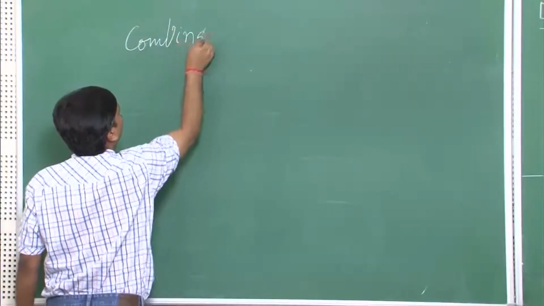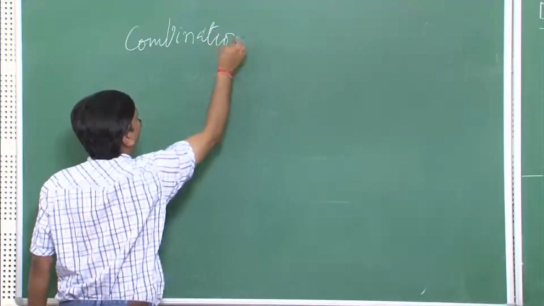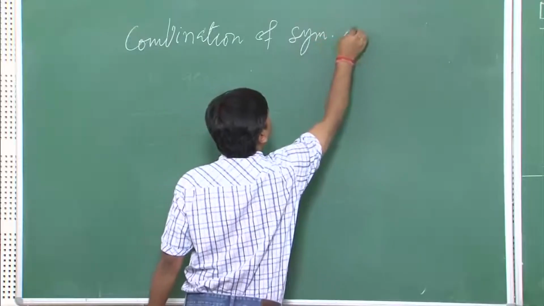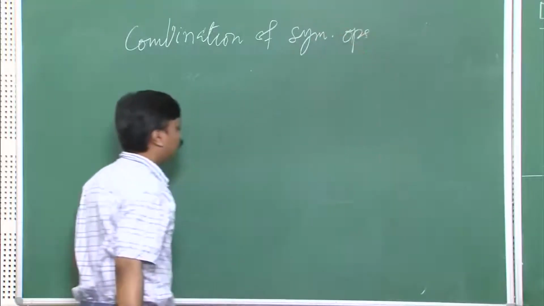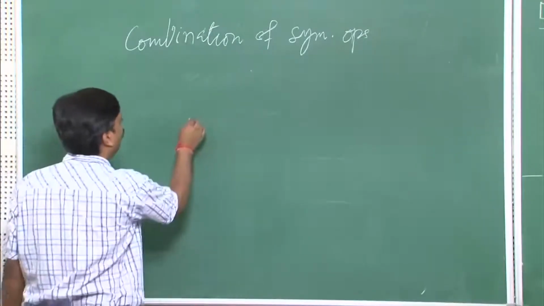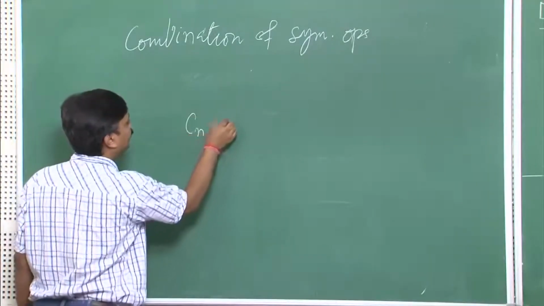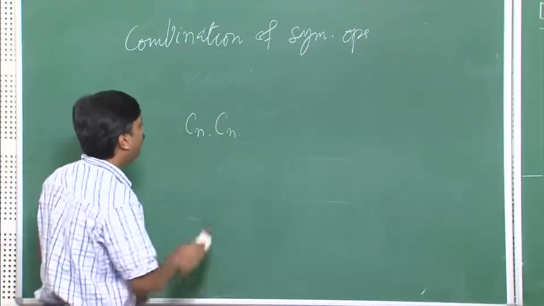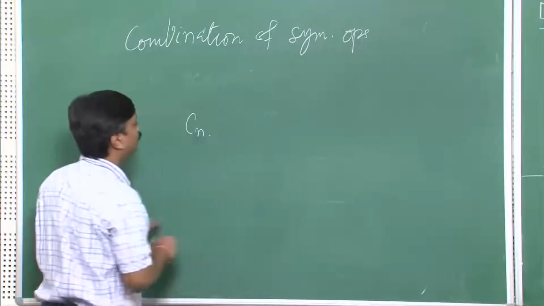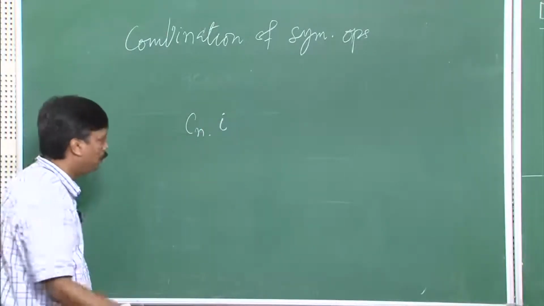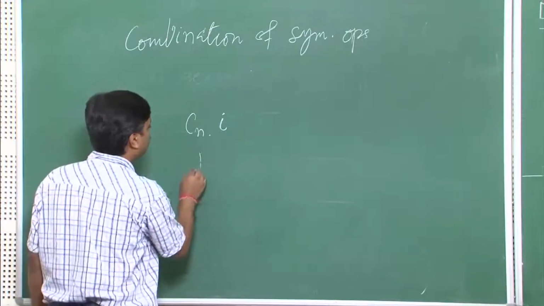Now we are going to learn about the combination of symmetry operations. Okay. In the last case what we did, we operated Cn and then again we operated Cn. Now what happens if I operate say Cn followed by I? What will happen if I have sigma?